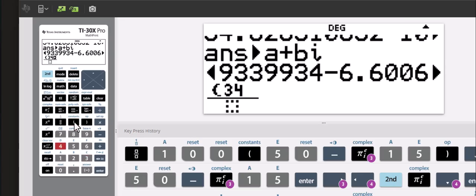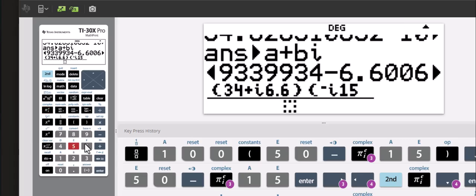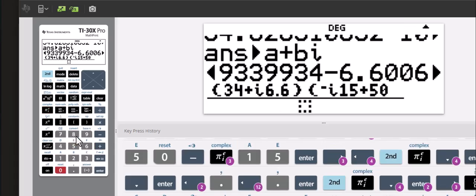So this was 34 plus J6.6 times minus J15 plus 50 over, okay, I'm going to live dangerously, 84 minus 8.4, okay, all right.